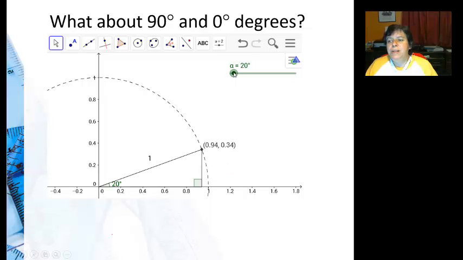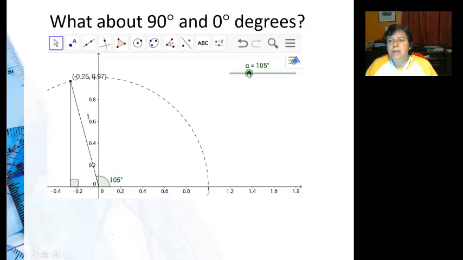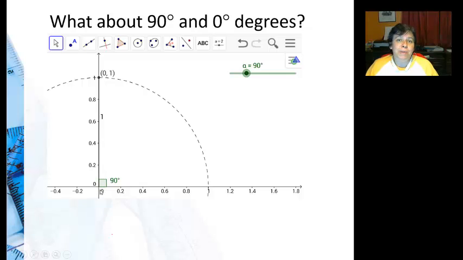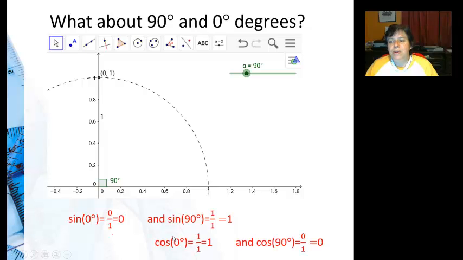And then finally, let's go ahead and go to 90 degrees. What happens at 90 degrees? Well, the opposite, believe it or not, it's probably hard to see, will be 1. Okay, and the hypotenuse is 1, so sine of 90 is 1. But the adjacent is going to be 0. So cosine of 90 degrees is 0.